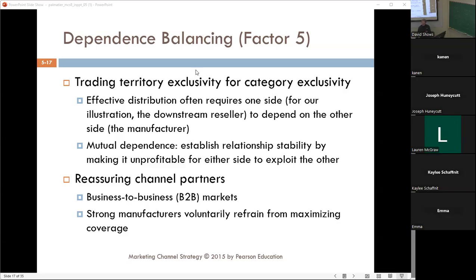Well, the problem with Hewlett-Packard is that we were not their exclusive dealer, and as a matter of fact, corporate started selling the goods to some of our customers, and this is the danger of dual distribution. We want them to refrain from maximizing coverage by allowing us to do our jobs. And if you trade that exclusivity in the territory, we will have a longer term.